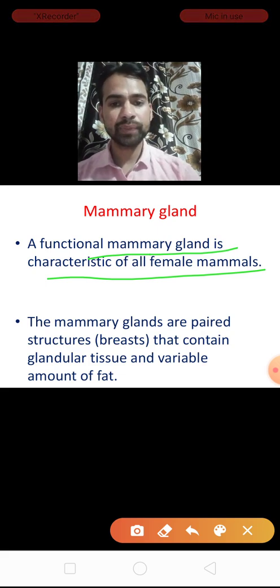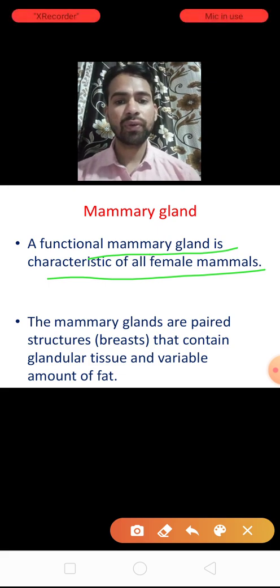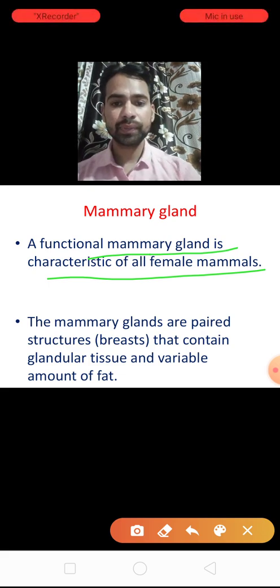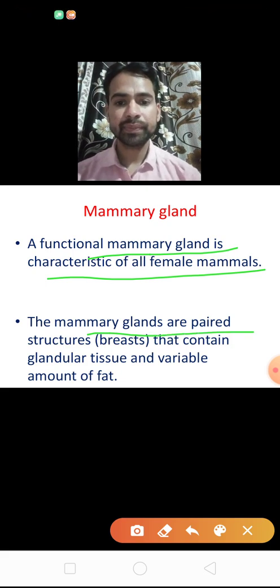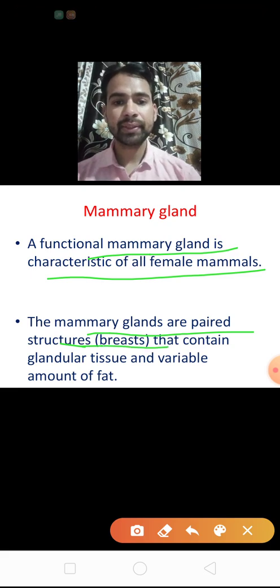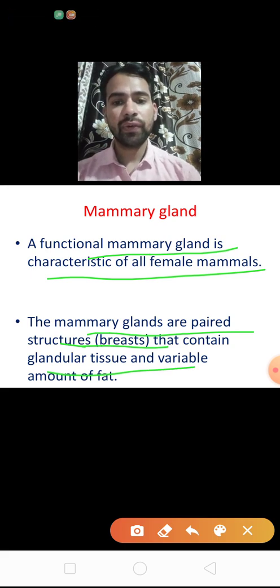See the structure. Mammary glands consist of fatty tissue and glandular tissue. The mammary glands are a paired structure, the breasts, that contain glandular tissue and a variable amount of fat.